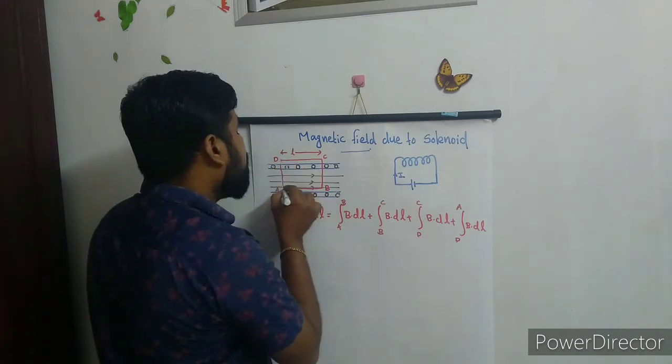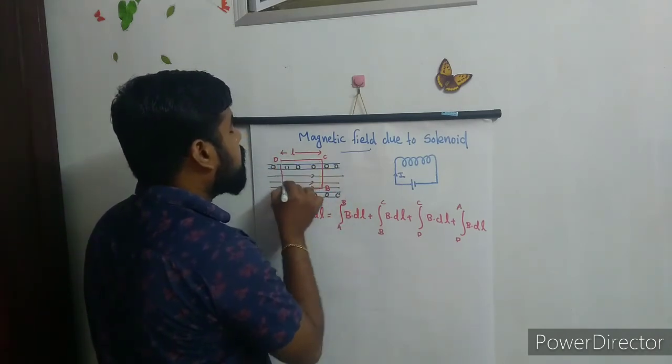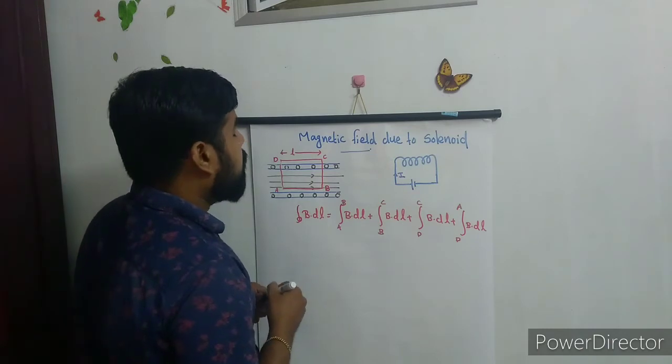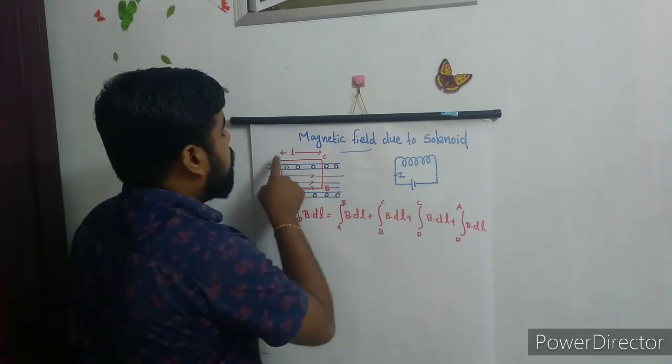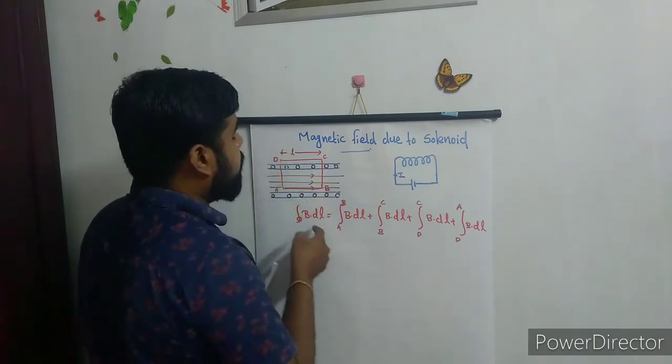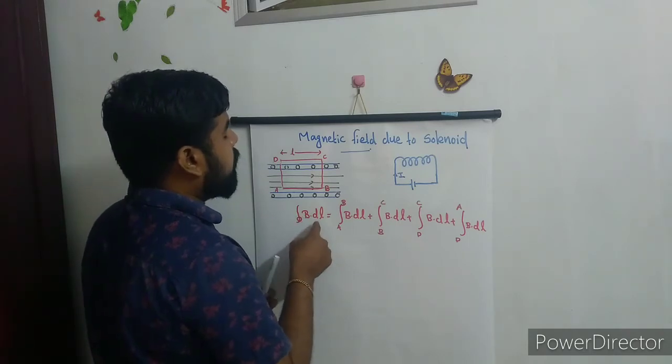We are taking a closed region. From this closed region, what is the total magnetic field? That is the integral of B dot dl around the closed region.